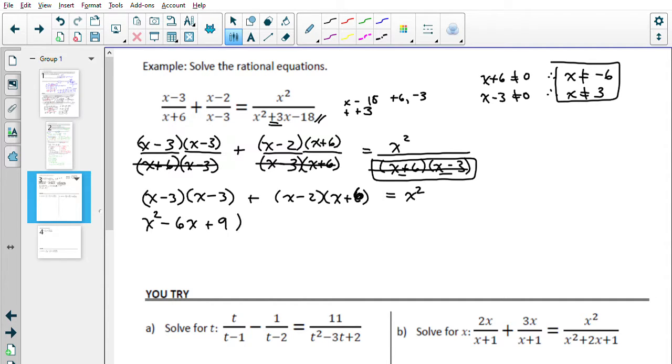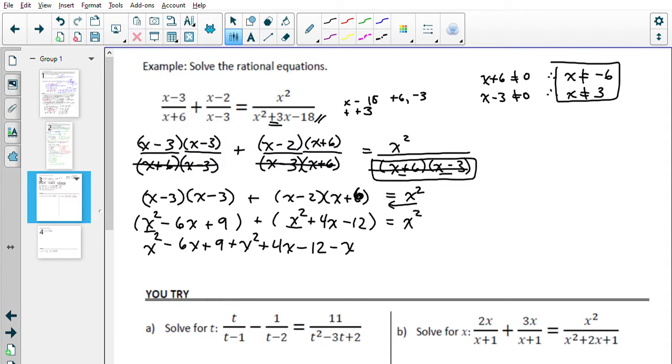I'm going to factor the second bracket, x squared plus 4x minus 12. Then I'm going to drag the x squared to the other side. So let's write it out: x squared minus 6x plus 9 plus x squared plus 4x minus 12 minus x squared equals 0.